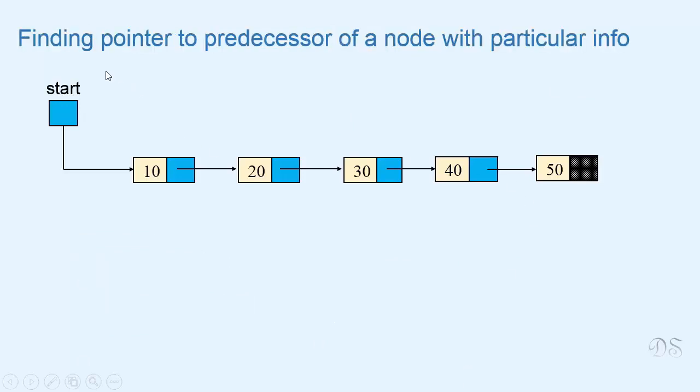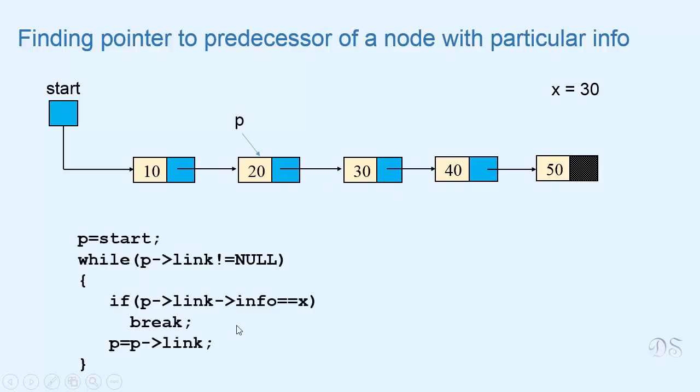Now we'll find pointer to predecessor of a node with particular info. Suppose we are given a value x, then we have to find pointer to predecessor of a node that contains x. So if x is 30, then we need pointer to this node, because this is the node that contains 30 and this is the predecessor of the node that contains 30.